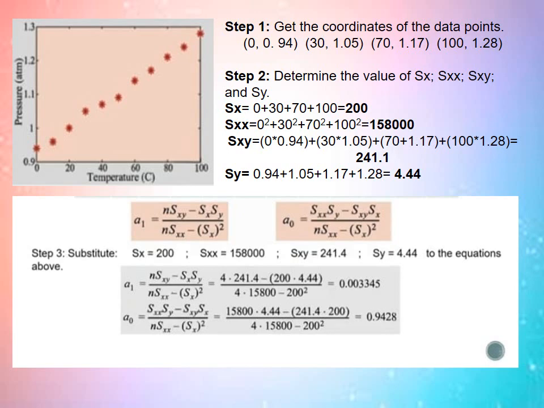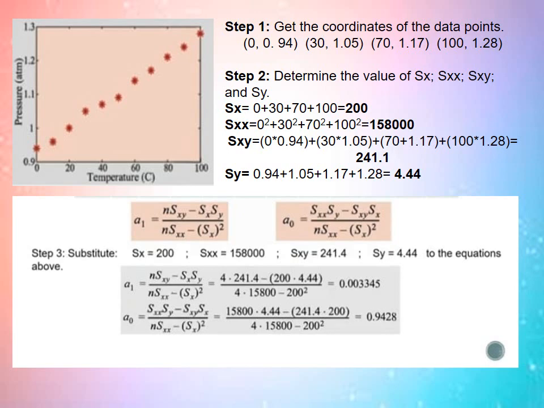The second step is to determine the values of Sx, Sxx, Sxy, and Sy. Sx, guys, is the summation of all x values, so the total of our x values: 0 plus 30 plus 70 plus 100 equals 200.